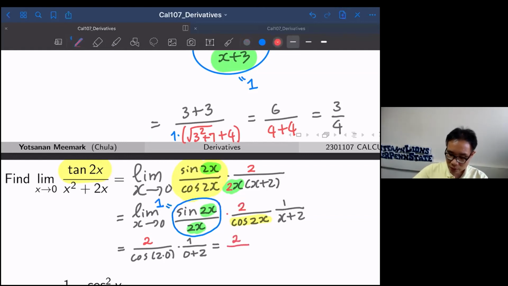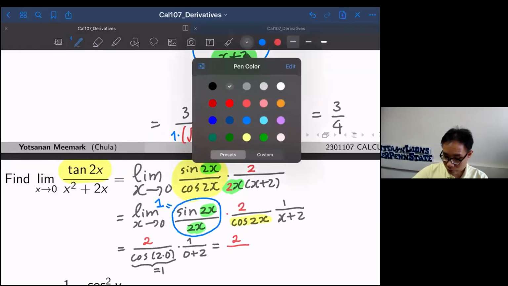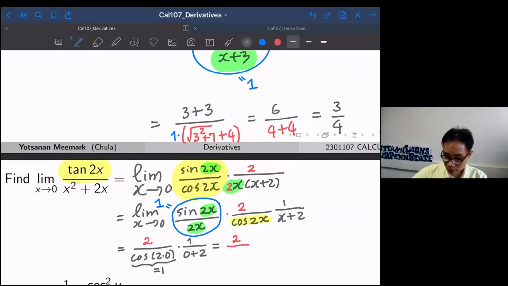Cos 0 is going to be 1, right? So basically, it's going to be 2 over 2, and that will give you equal to 1. So that's all.